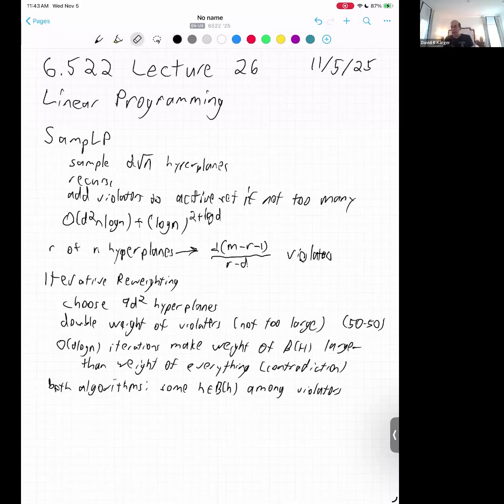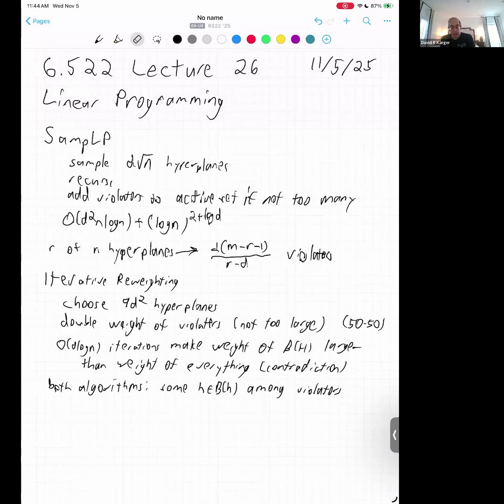And this is for the simple reason that if you don't violate any of the optimum hyperplanes, then you can't be better than opt, and so in fact you will be at opt already. So if you're not at opt, you'll have something better than opt. That can only happen if you're violating one of the optimum hyperplanes. So these are the two algorithms that we saw last time.